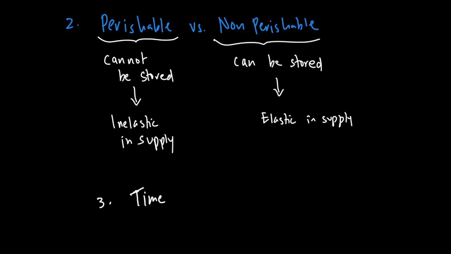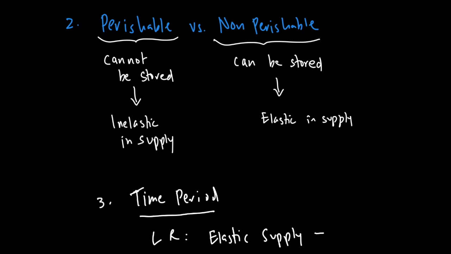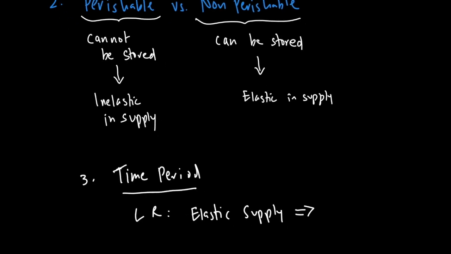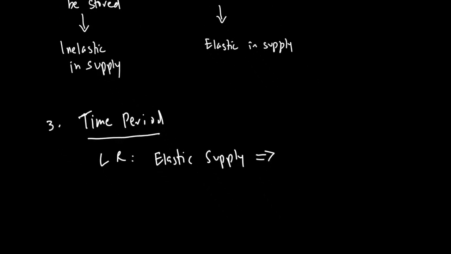If I give a producer a longer time period, let's say the long run, we will see the supply become elastic. Why will that be the case? Because the producer can easily increase his capacity, easily hire more labor, train more labor, and easily increase supply.